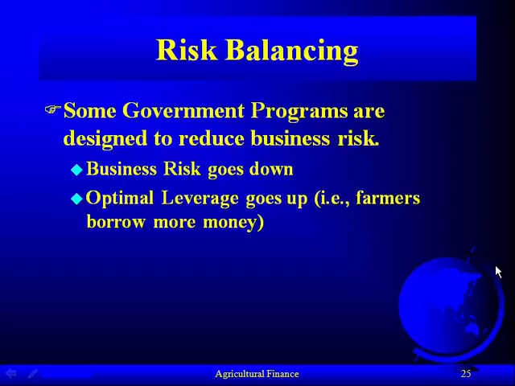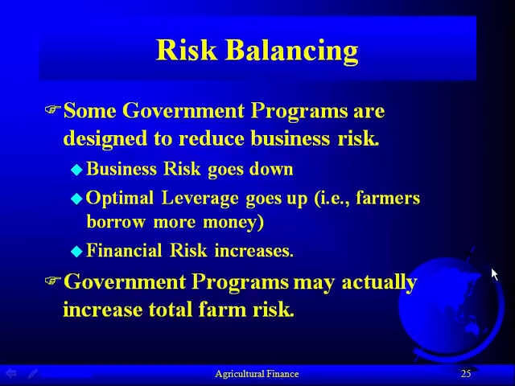As they borrow more money, what happens to financial risk? So what happens to the overall total farm risk? Well, we don't know that, but it could go up. The unintended consequences. If you don't learn anything else from college, you need to know unintended consequences. Politicians buy votes, and they have these good intentions, but you've got to see the whole picture, because in this particular case, it's called risk balancing.